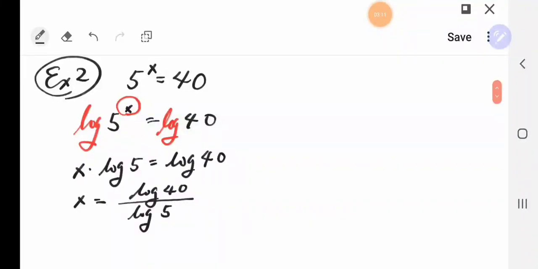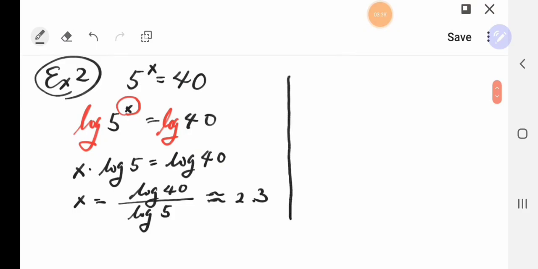And you can use the calculator to get the values of logarithm 40 and logarithm 5. So this is approximately equal to 2.3. So if you cannot make the same base, then take logarithm with base 10 so that you can use a calculator to get the numbers.